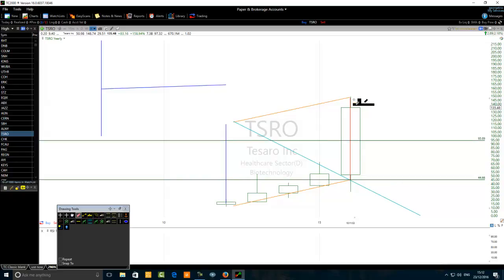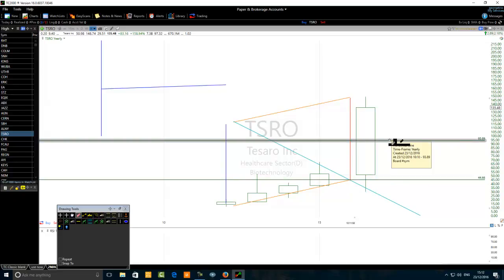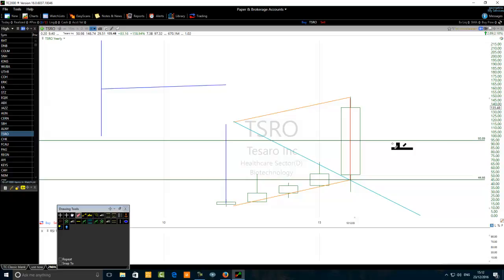If the price pulls back 1, 2, 3 down to that level, that will constitute a bullish trading setup, and then we must implement a top-down trading method to trade it.